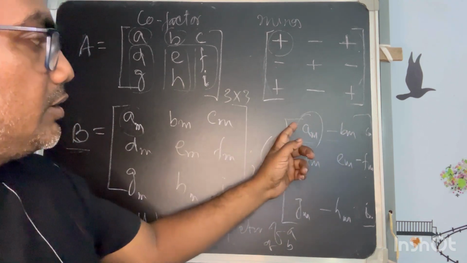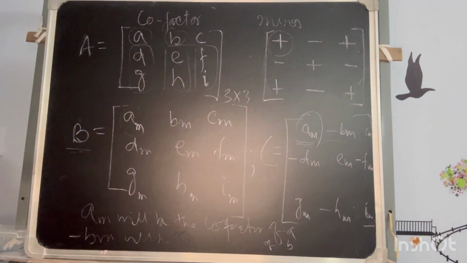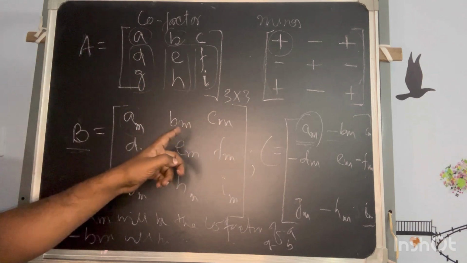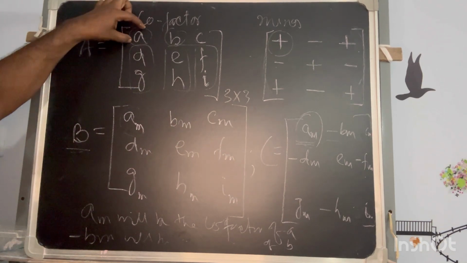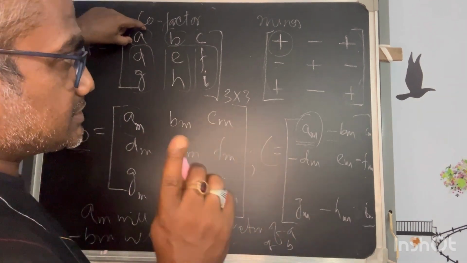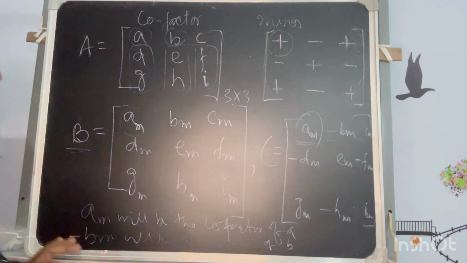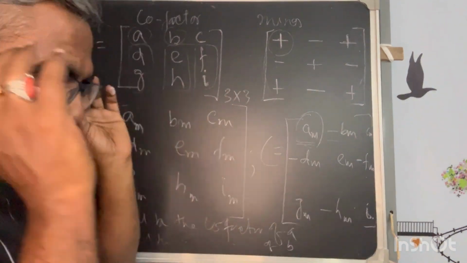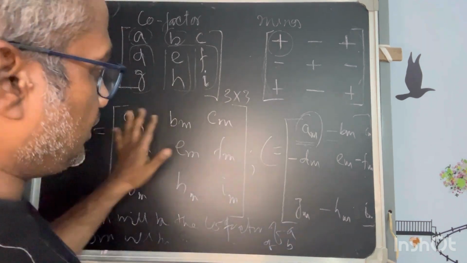So what is the difference with the cofactor? I can get the minor immediately by seeing the element, and I have to consider the sign according to the position. So if I am able to calculate cautiously, I need not write all this.